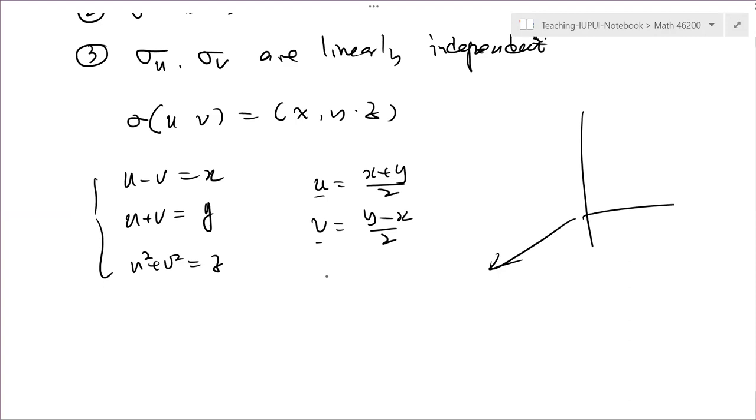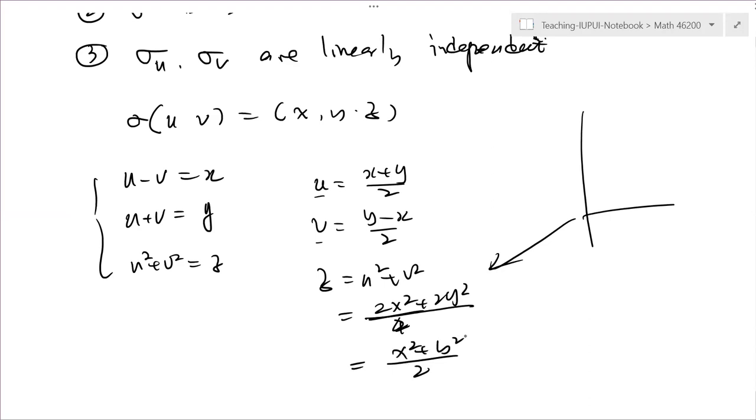So clearly Z is going to be U squared plus V squared. Add them together: U squared plus V squared is going to be 2x squared plus 2y squared, but divided by 4. So it's going to be half of x squared plus y squared.